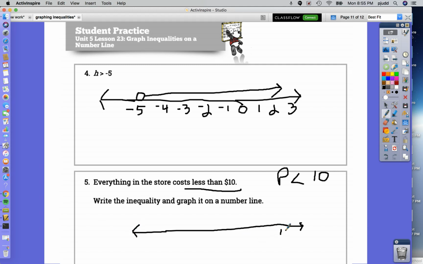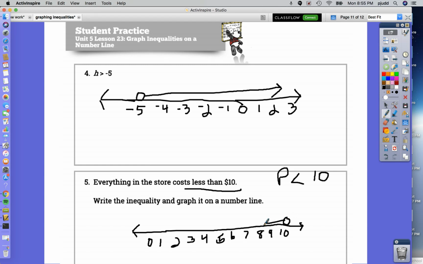And I have 10, 9, 8, 7, 6, 5, 4, 3, 2, 1, 0. Less than $10. So it could be $9.99, $9.90, $8.50, but it's less than $10. It does not include 10 in the answer solution.